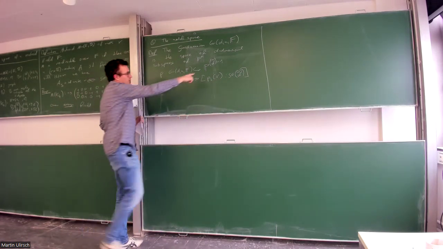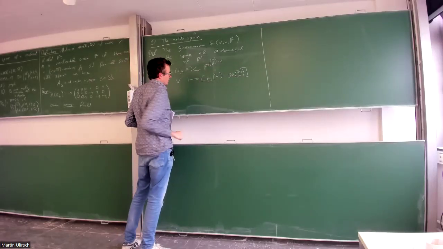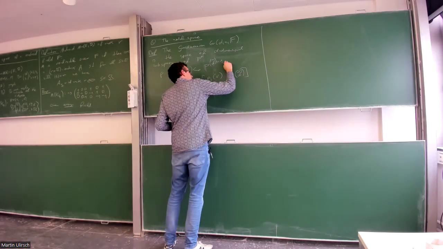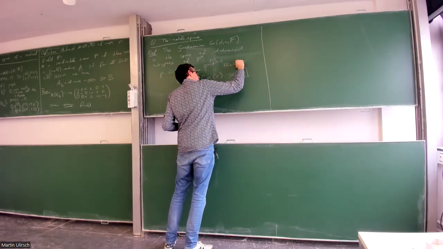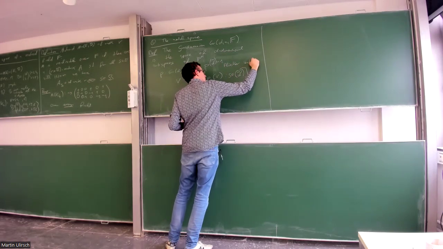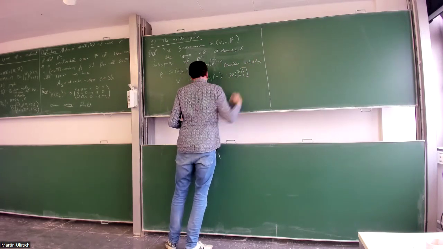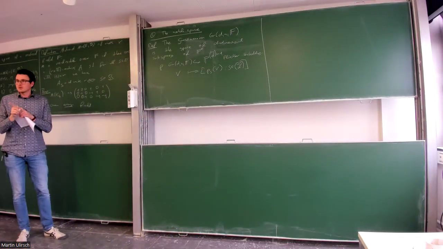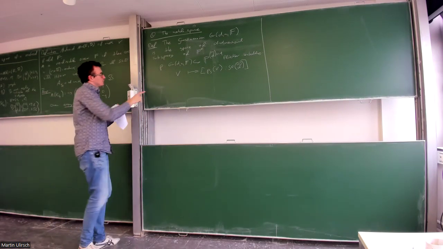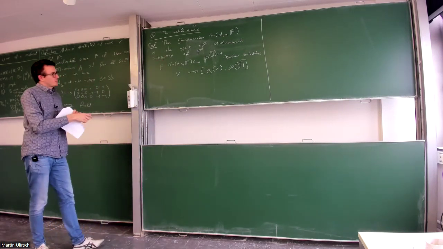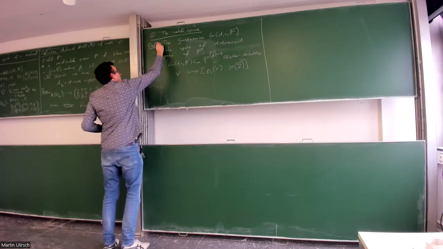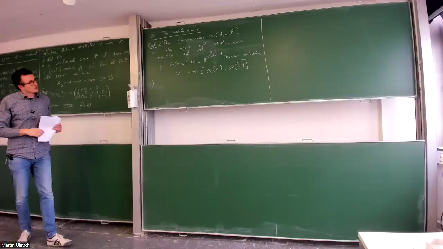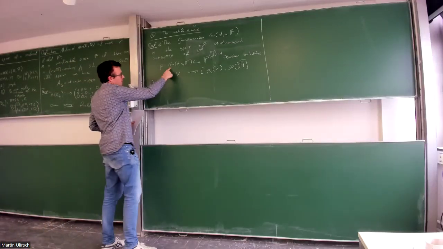The length of this vector is n choose d, because I have that many choices. That's the so-called Plücker embedding. That's one way to give the Grassmannian the structure of a projective variety.